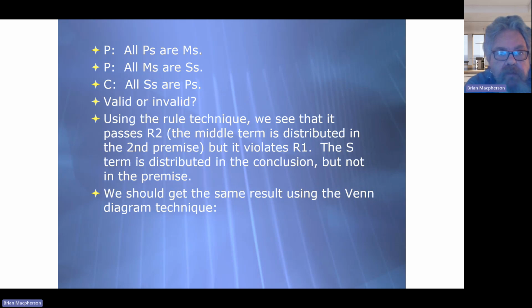All M's are S's talks about all M's, but it doesn't talk about all S's. So it fails that distribution rule, and so the syllogism is invalid. So AAA-4 is invalid because it violates the rule that a term distributed in the conclusion must be distributed in the premise in which it occurs.